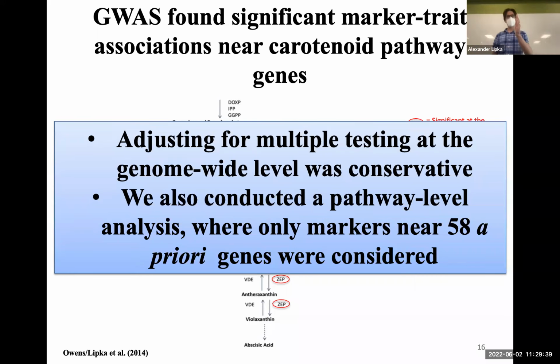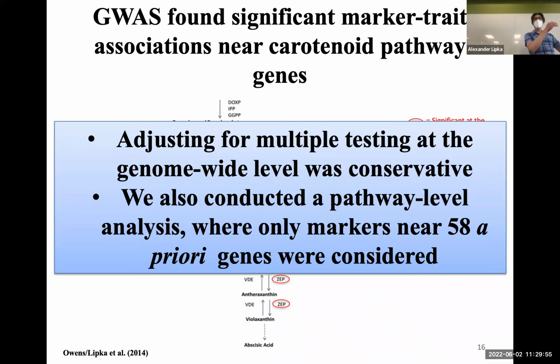For this particular analysis, the carotenoid pathway has been studied prior to the study, okay? And these prior works have identified 58 candidate genes, okay?